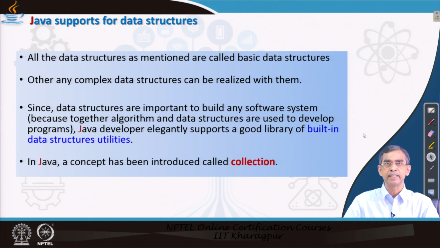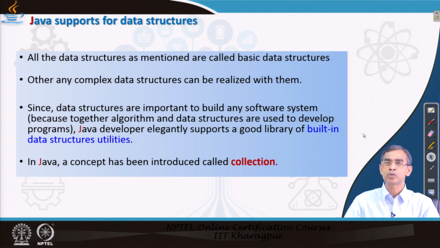All these utilities, that means how to process different data structures, how to store, how to retrieve, how to perform certain operations on them, all methods regarding these things are readily available. So ready-made programs are available as a library.